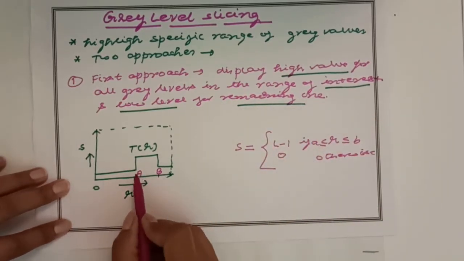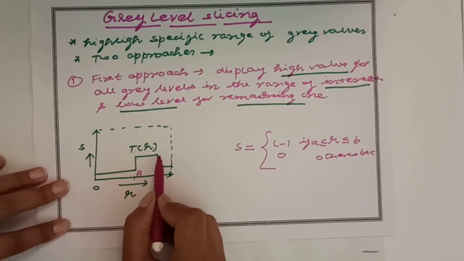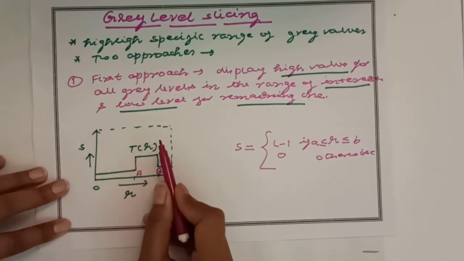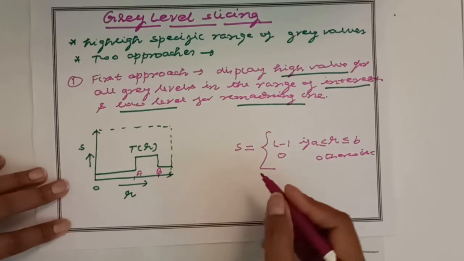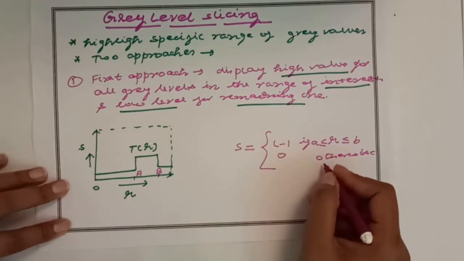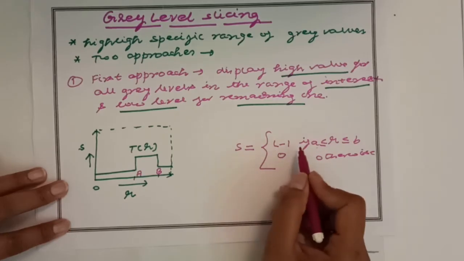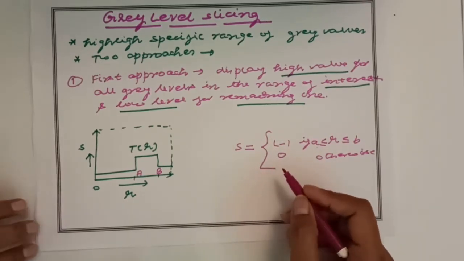otherwise. See, in between A to B there is an area of your interest which you want to highlight. So by keeping this value towards the higher side and mentioning the other regions as 0, mathematically it is represented in this form. In the required area of our interest this would be L-1, otherwise it is 0.